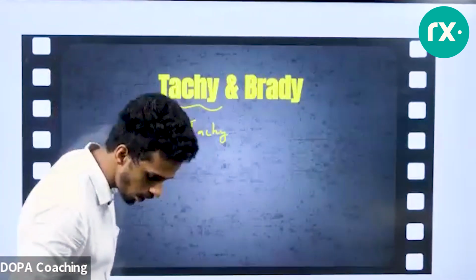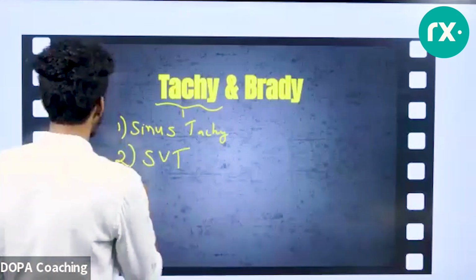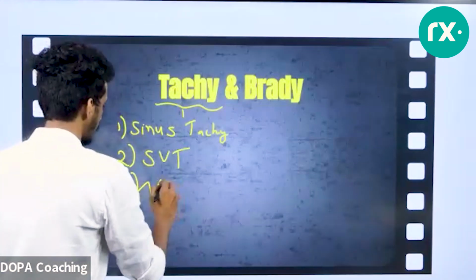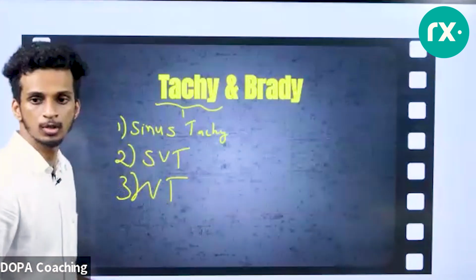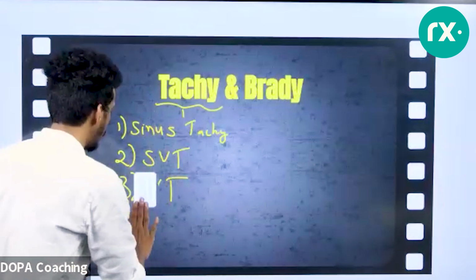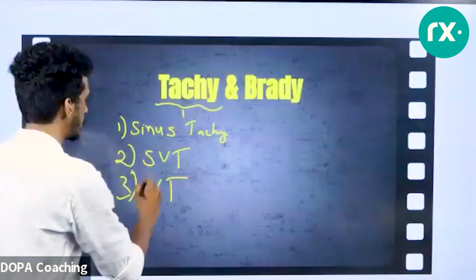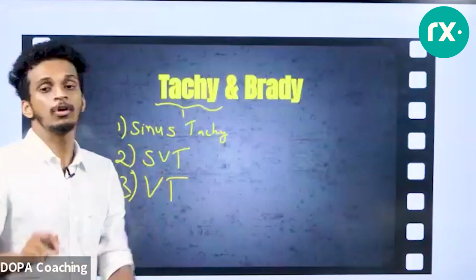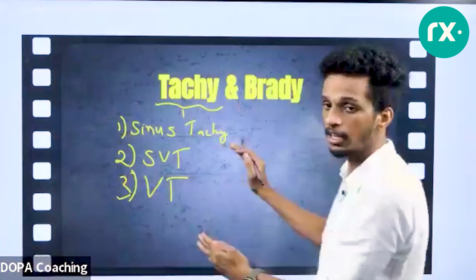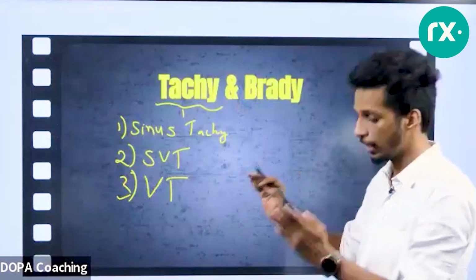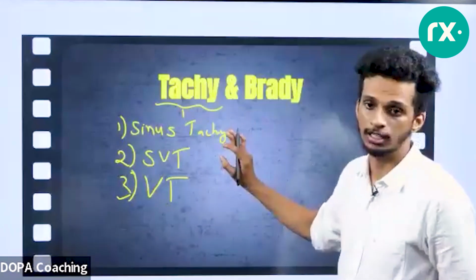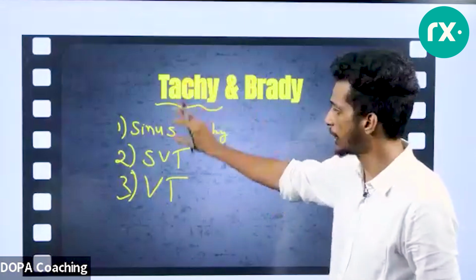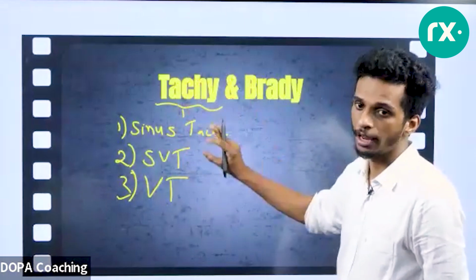I'll show you how an SVT looks. And third is VT, that is ventricular tachycardia. I don't mean that these are the only 3 conditions where you see tachycardia, but most importantly, these are the 3 conditions where you see tachycardia.